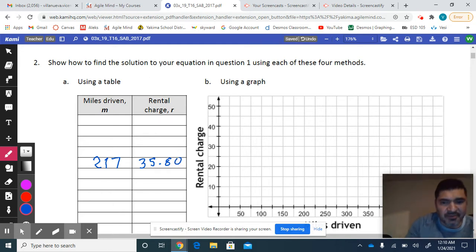Okay, so in my table, I'm going to go ahead and fill in some of these numbers here. So I'm going to say, what if I drove 216 miles? About 215, 214, 213. I'm going to go down this way as well.